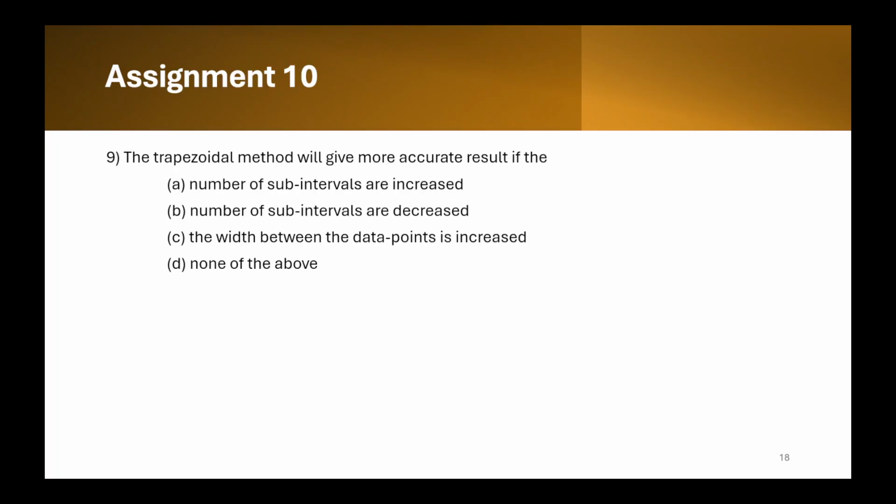Next question. The trapezoidal method will give more accurate result if the number of subintervals are increased, the number of subintervals are decreased, the width between the data points is increased, or none of the above. So suppose there is a function and you assume, and this is basically the width between the data points.